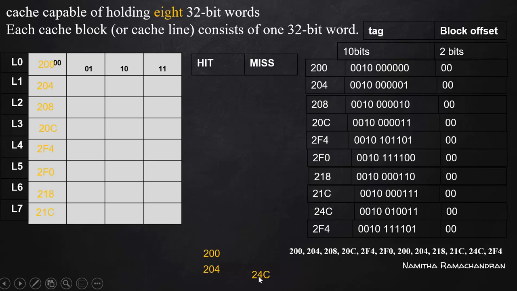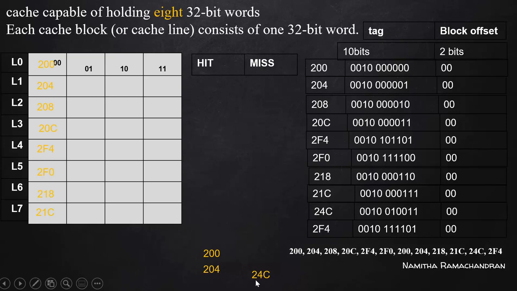The next case is 24C. Here no line is left free for holding the memory block that contains the byte address 24C. In that case, we need to follow the least recently used replacement algorithm for replacing a block from the cache memory to make room for the memory block that contains this byte address 24C.